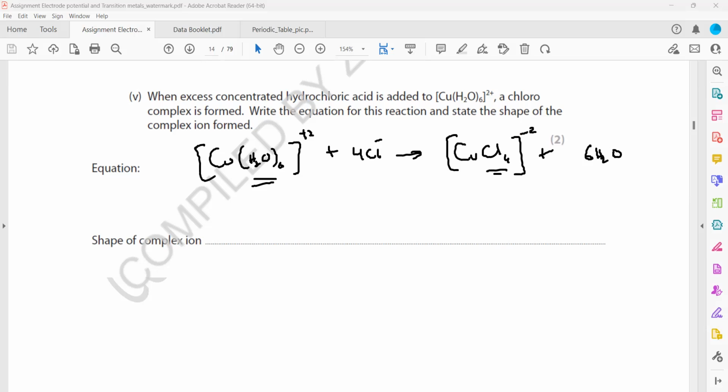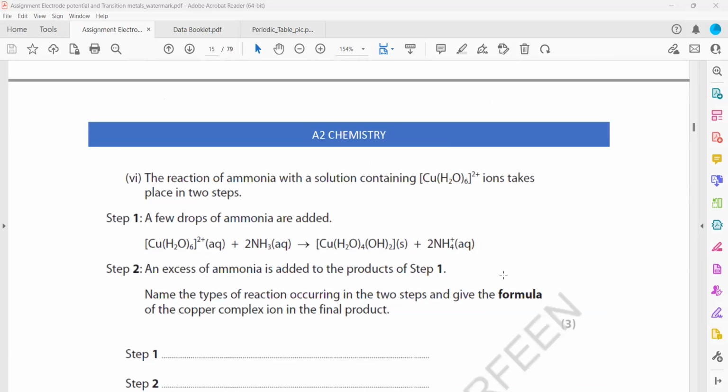You can mention square planar as well, and usually with copper(I) chloride it is square planar, but here tetrahedral is also allowed. If it was a platinum complex, then it would be square planar only.